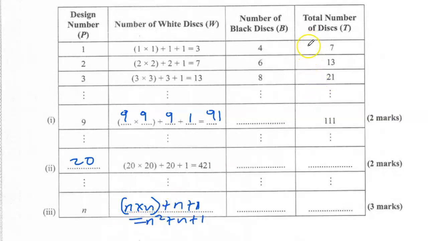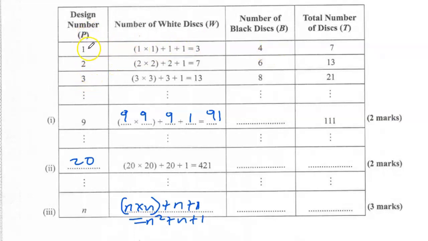Over here, let's look at what pattern we can find. Notice these are going up by 2. Let's see how we get these values. Sometimes a little trial and error is involved. So this seems to be the design number times 2 plus 2.